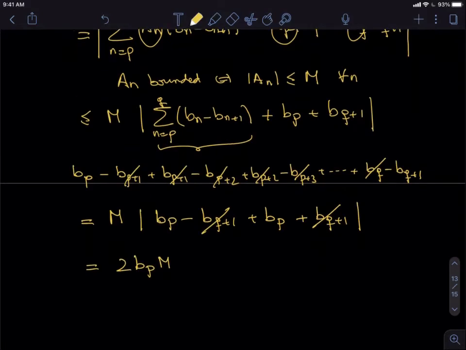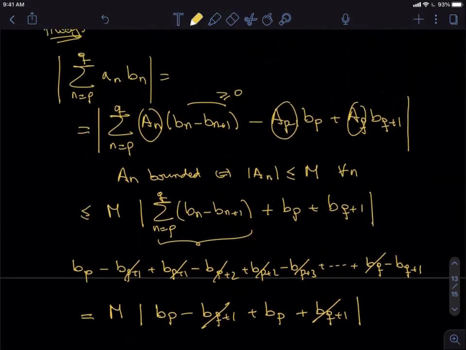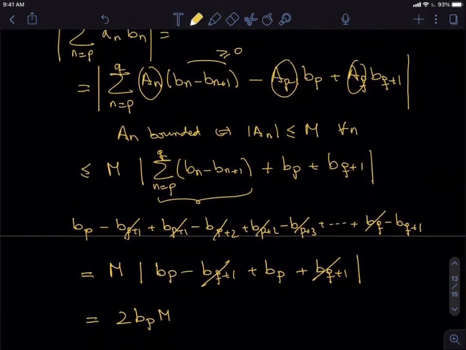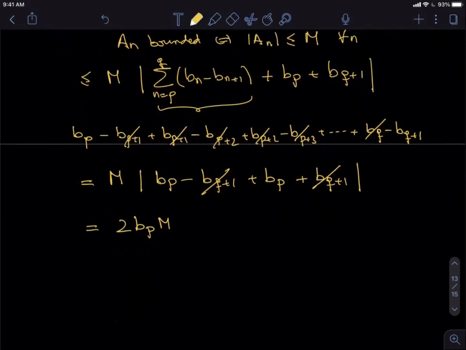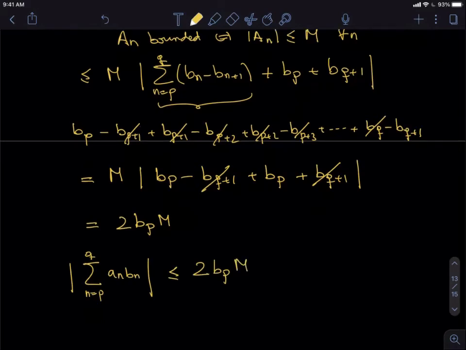And we are almost set, because remember I said we needed to estimate, right? So here we have our estimate. The sum from n equal p to q of a_n b_n is less or equal than 2 b_p M. And here I want this to be less or equal than epsilon.